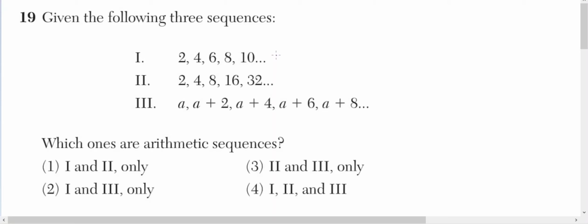Recall that the definition of an arithmetic sequence is basically when you're adding a common difference between two terms. So if you have any two terms, such as a sub n, and you subtract the previous term, you're going to get a common difference of d. Another way to phrase this is that you can generate the next term by taking your previous term and adding the common difference.